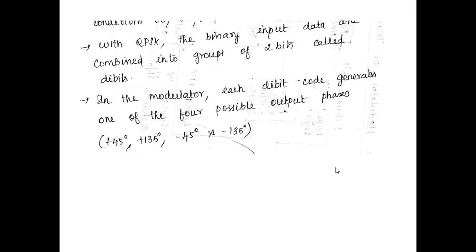In the modulator, each dibit code generates one of four possible output phases: plus 45 degrees, plus 135 degrees, minus 45 degrees and minus 135 degrees. In BPSK the separation between the 2 points for logic 1 and logic 0 is 180 degrees, but here there are 4 points and the separation between two adjacent output phases is 90 degrees.